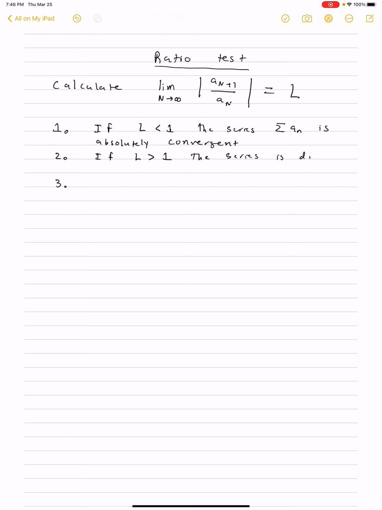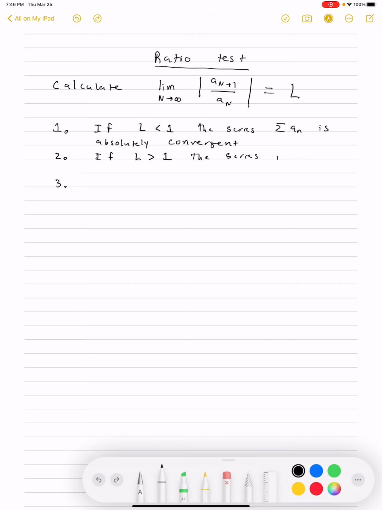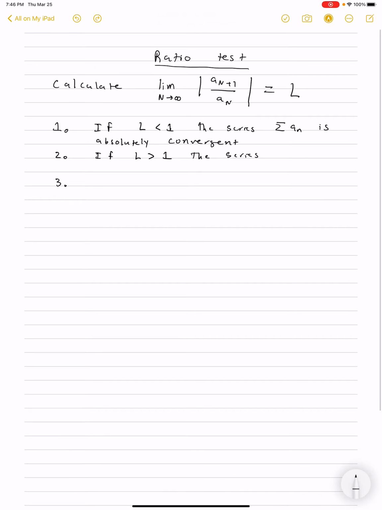And the series being the summation of a_n, so maybe I'll write that out. Then the last scenario is that the limit is 1. Okay, and this tells you no information. And in this situation, you need to use another test.